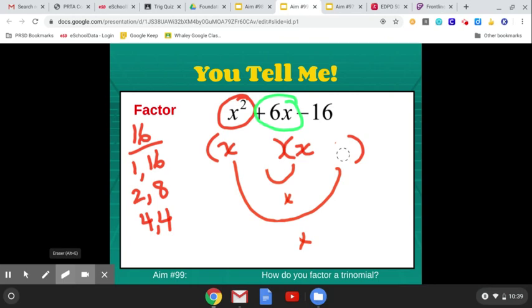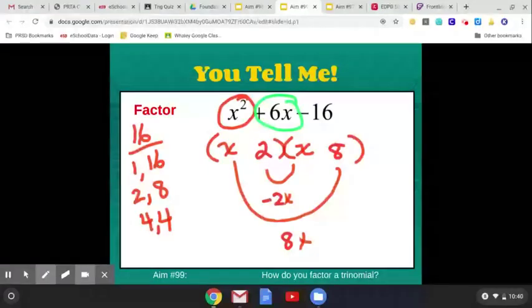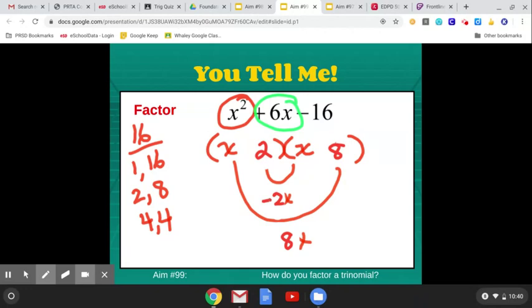Okay, let's try 2 and 8. If I put 2 here and 8 here, 2x and 8x. Is there any way 2x and 8x can combine to be 6x if I add or subtract them? Well, if I add them, I get 10x, but if I subtract them, I could get 6x if this were a negative 2. Because then 8x and negative 2x would be positive 6x.